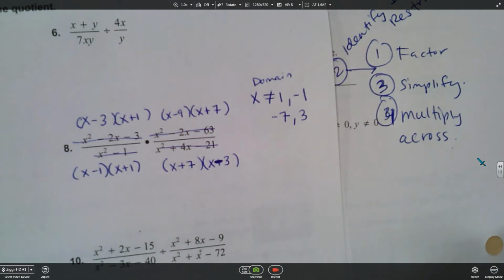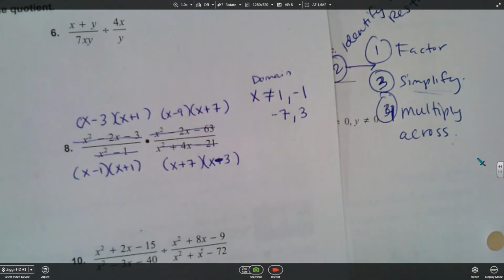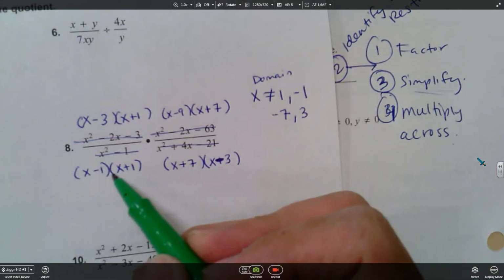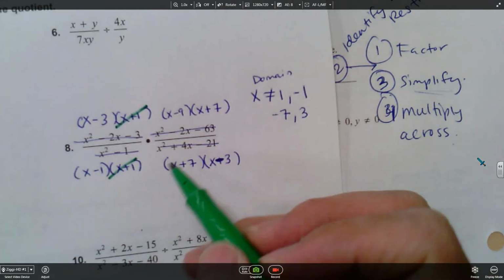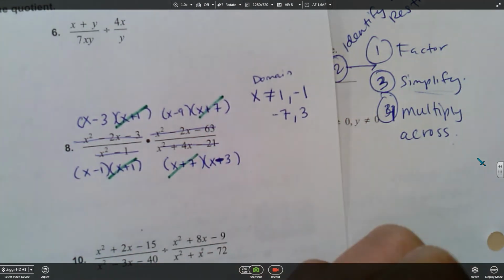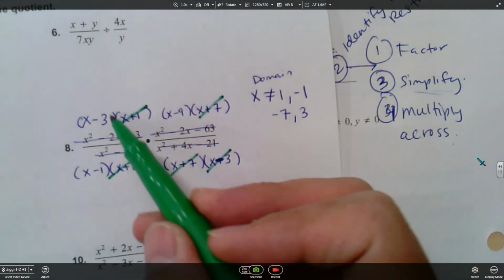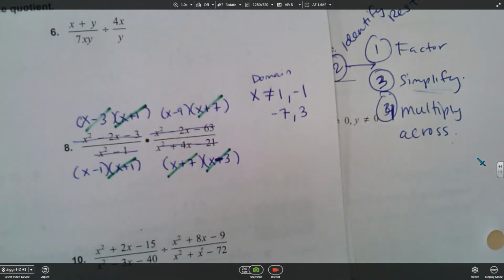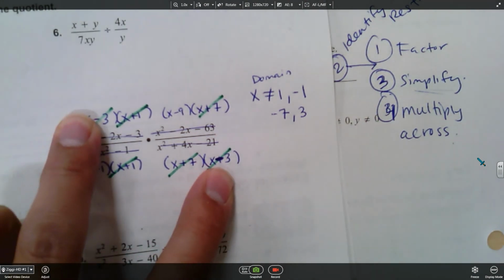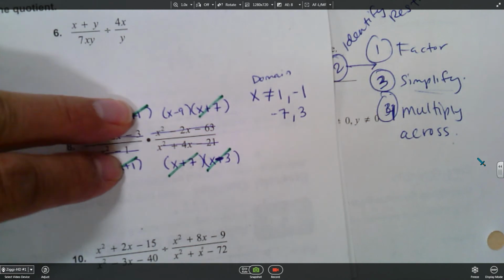Okay, so now you're on to step 3. Let's simplify it. Take a look at this. What's at the top and bottom that are the same? I see that whole thing. I see this whole thing. I see this whole thing. Those all simplify out. These got divided out into 1. These got divided out into 1.